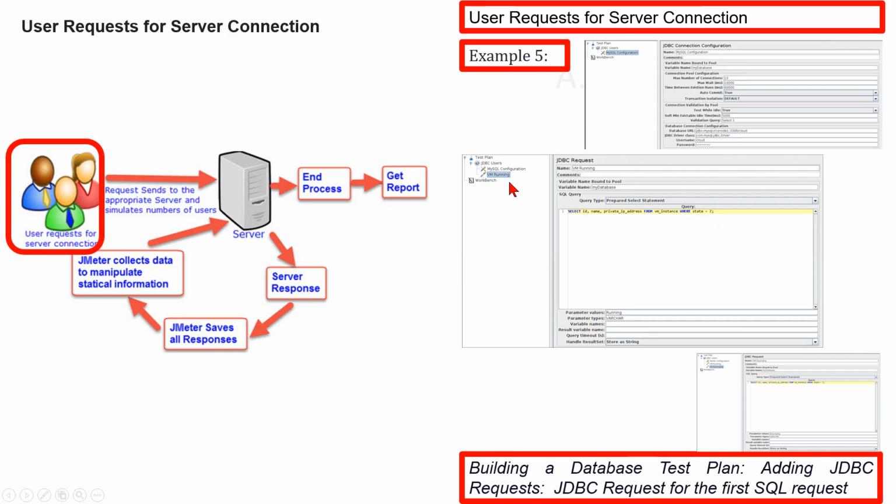Start by editing the following properties here. Change the name to VM running. Enter the pool name, my database, same as in the configuration element. Enter the SQL query string field.